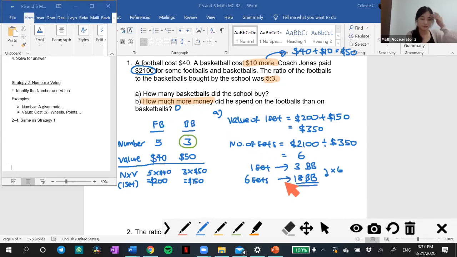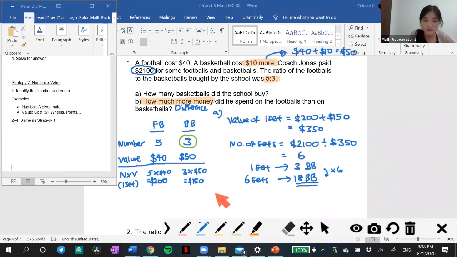Starts with a D. Good. Say it, Miranda. Difference. So to find the difference, we can find the difference in one set first. Right, before we find out the total difference in all of the 6 sets.